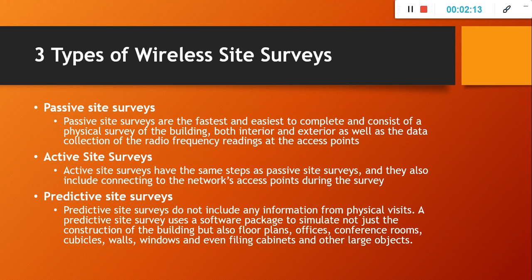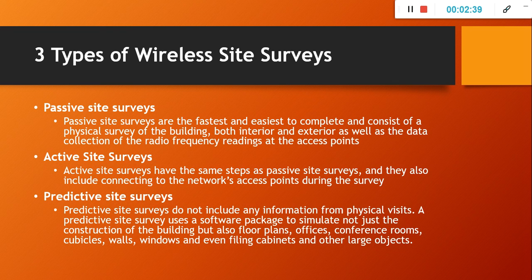The second one is the active site survey. Active site surveys have the same steps as the passive site survey, and they also include connecting to the actual access point during the site survey. And then the third one is predictive.